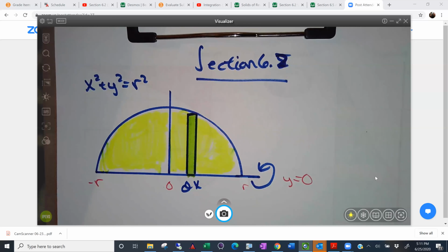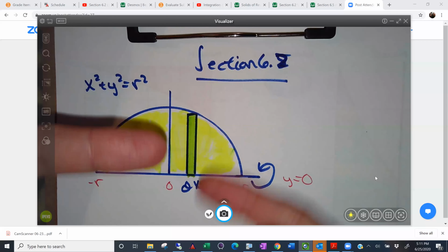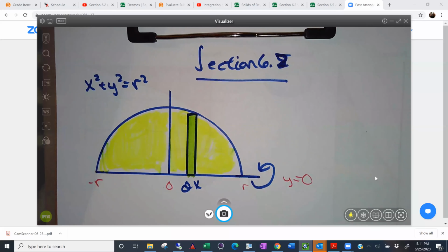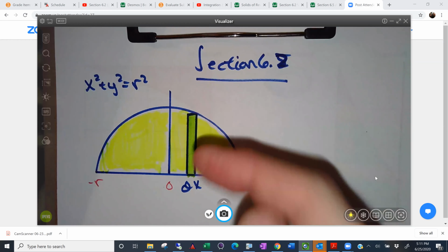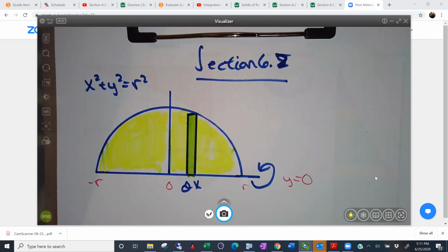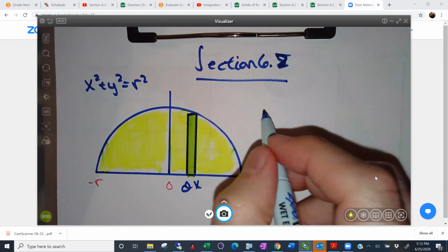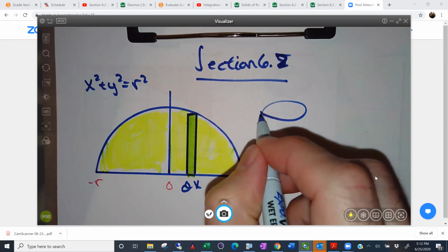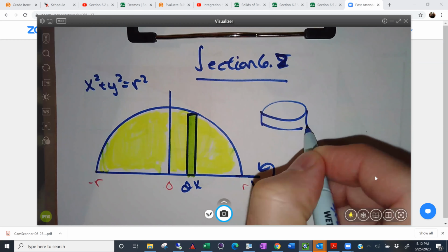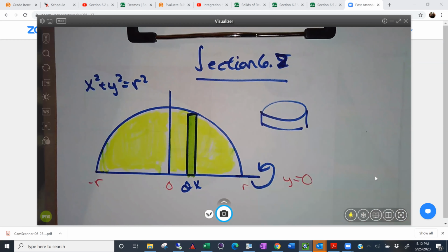Now, in general, what happens when we work with these things is when we take these slices, we end up rotating them around an axis. And when you rotate this around the axis, you're going to get a very thin disk. Sometimes I like to call it a hockey puck. I would imagine in my old video that I had you guys watch, probably referred to it as a hockey puck at some point.